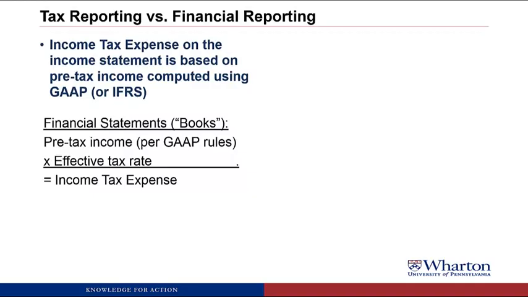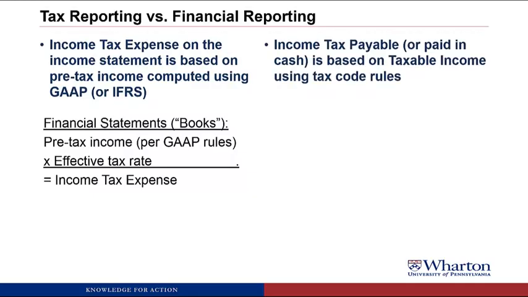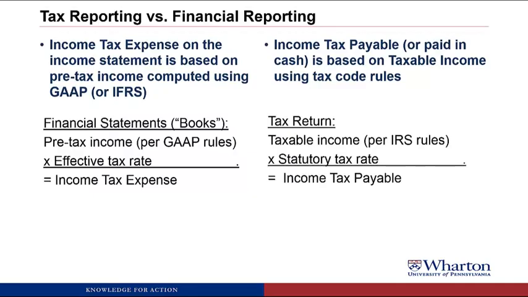on the income statement. Then in another set of books, you calculate income tax payable, or the tax that you pay in cash, based on taxable income using the tax code rules in whatever country you are. In the US, the IRS is the tax authority, so you would use IRS rules.